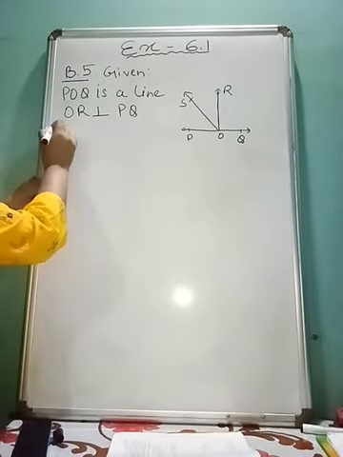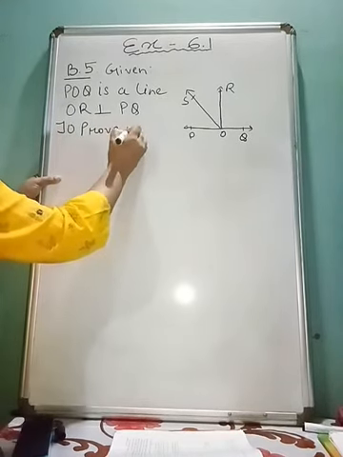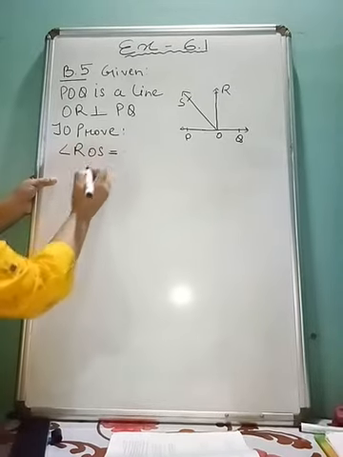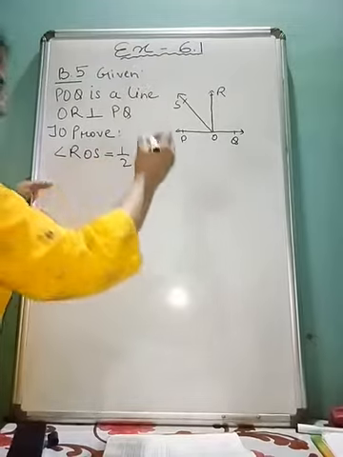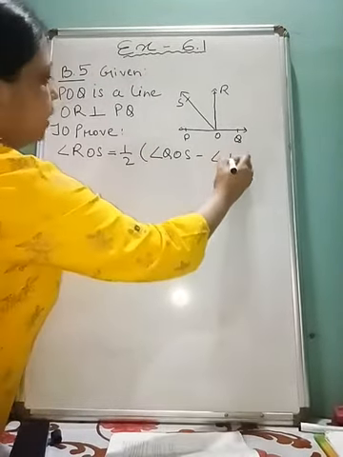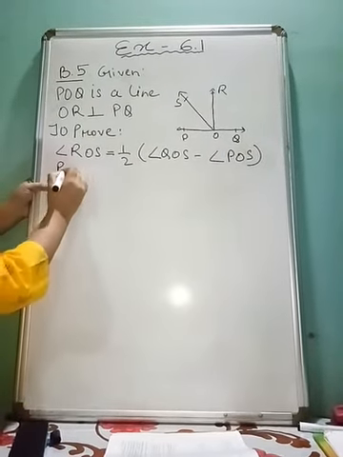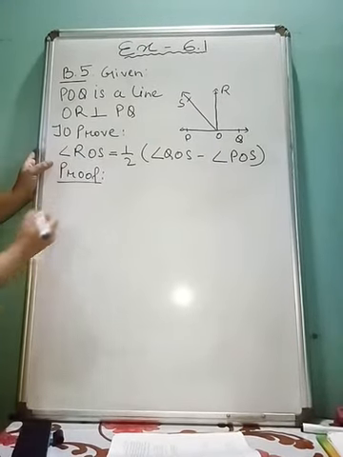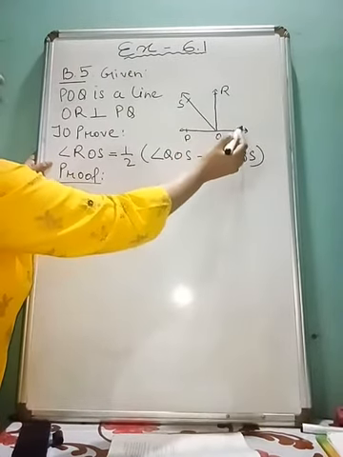We have to prove that angle ROS equal to half of angle QOS minus angle POS. So let us prove. So first of all, you can see OR is perpendicular to PQ.